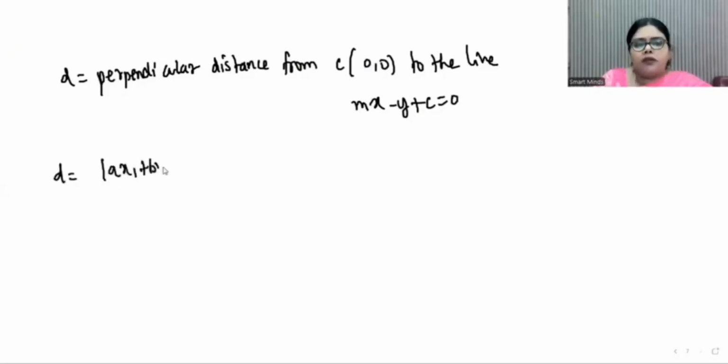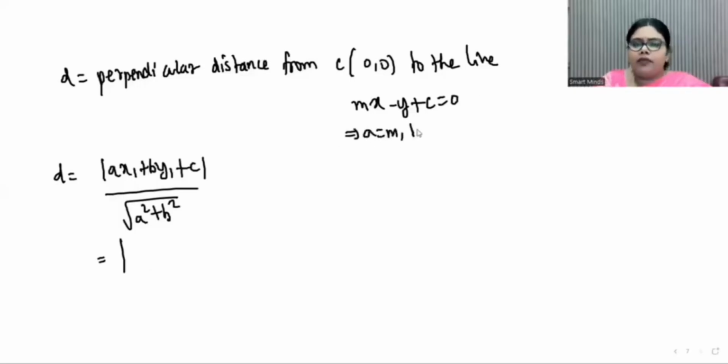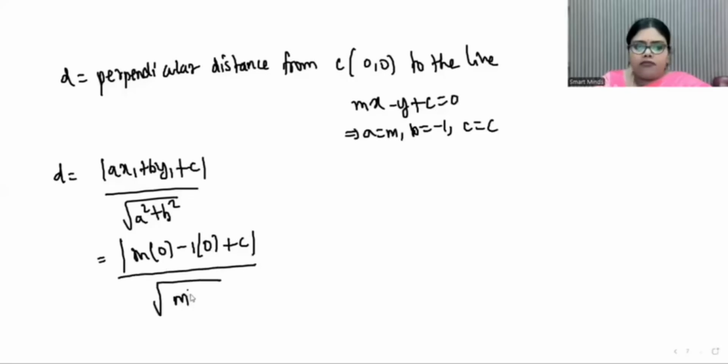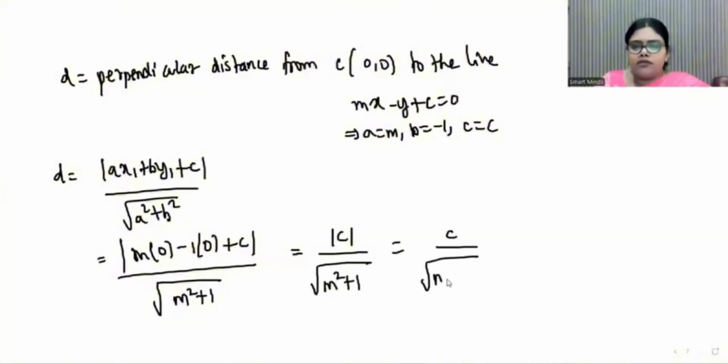Mod ax1 plus by1 plus c by root a square plus b square. Now from the line equation, a is m, b is minus 1 and c is c. So this is m into 0 minus 1 into 0 plus c by root m square plus 1. That is mod c by root m square plus 1, that is c by root m square plus 1.